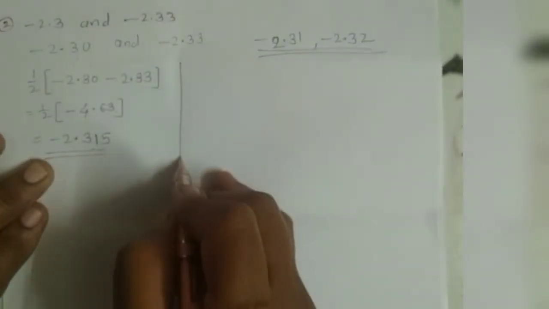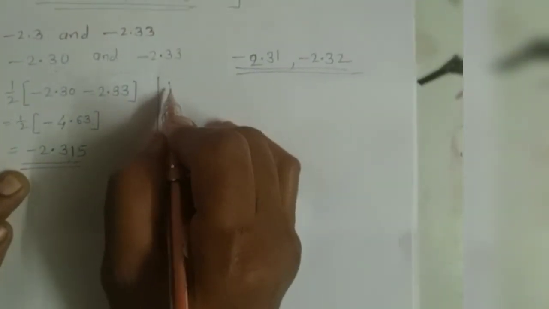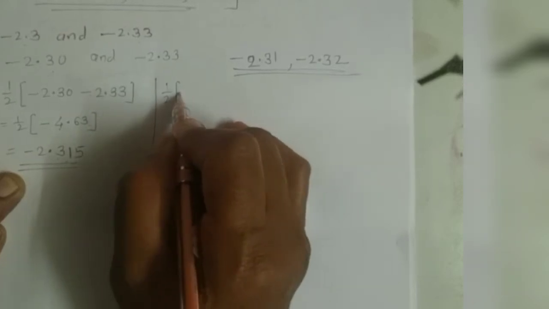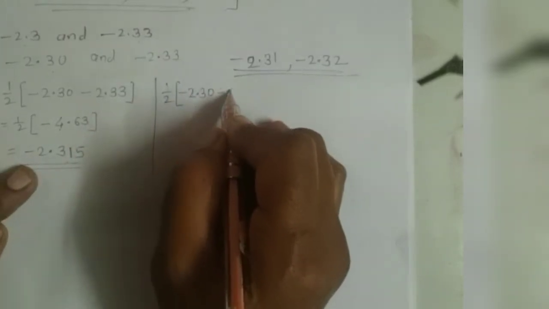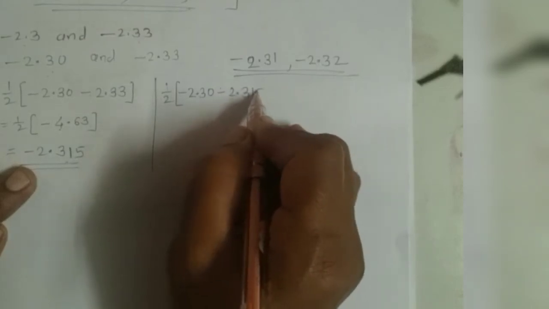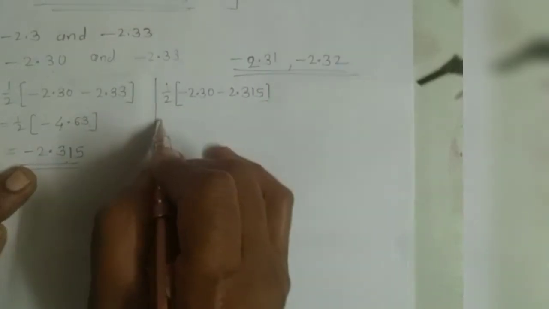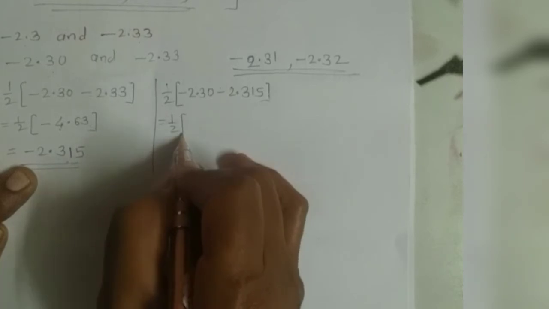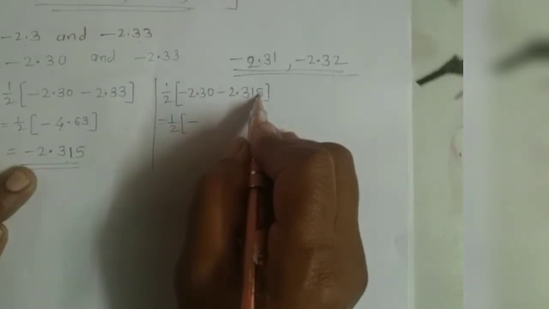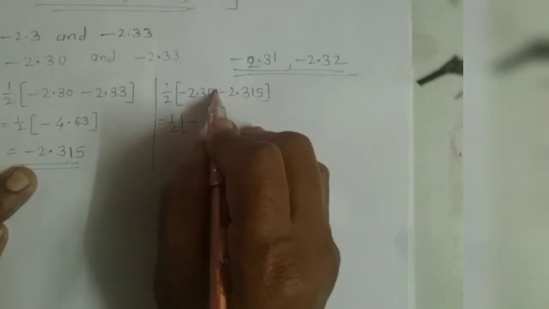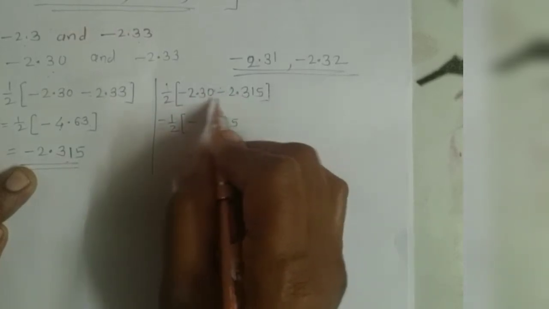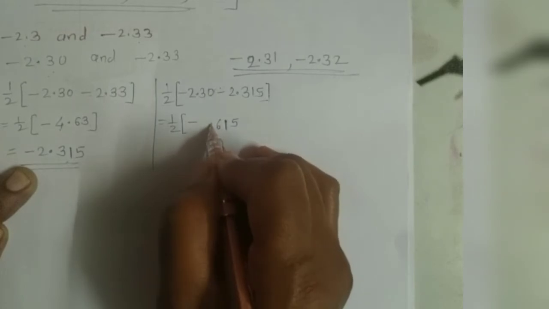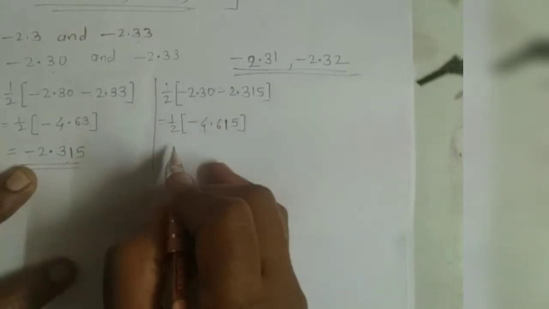We can find the next two numbers like this way, 1/2 of -2.30 and -2.315. Taking the sum of both, minus, this 5, here 0 will be there, that 5 as it is, 1 plus 0 is 1, 3 plus 3 is 6, and 2 plus 2 is 4.